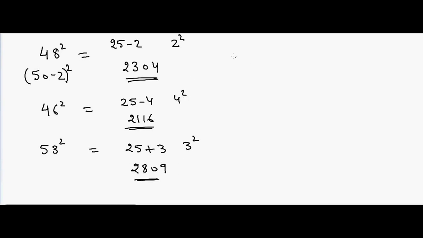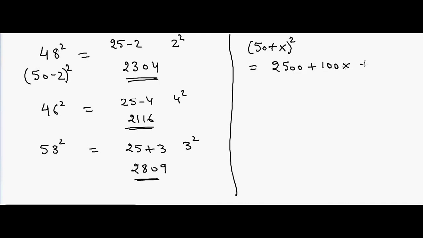How this trick works, so let's look on the left side. If we have something close to 50, it can be written as 50 plus x square, and 50 plus x square can be written as 2500 plus 100x plus x square, or that will be equal to 25 plus x into 100 plus x square.